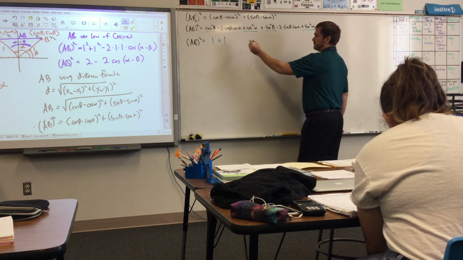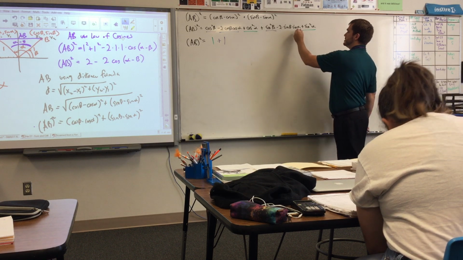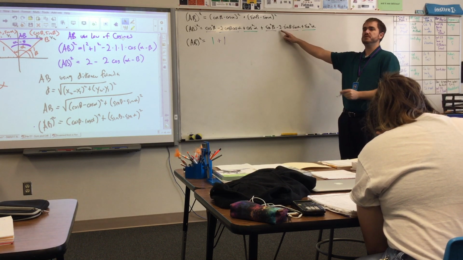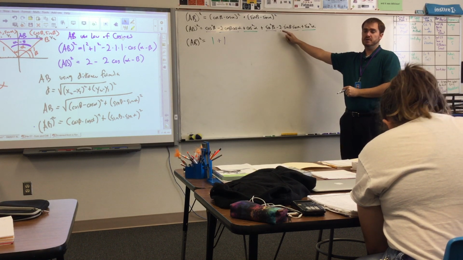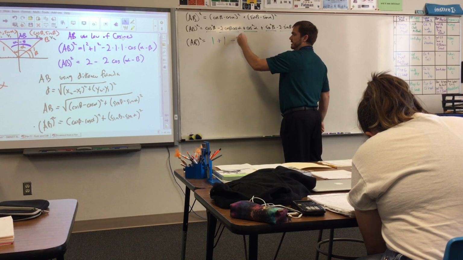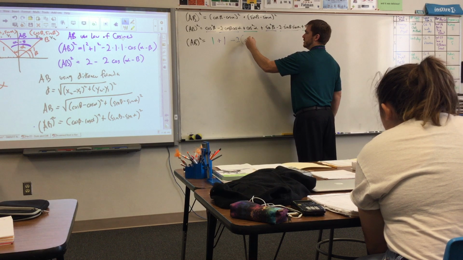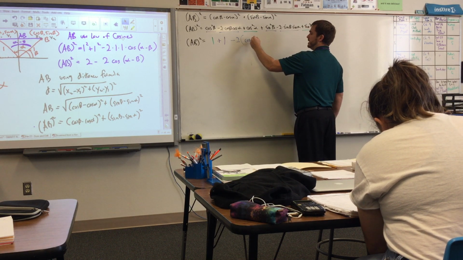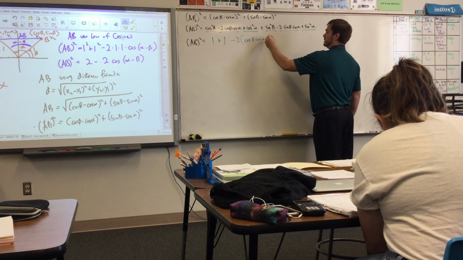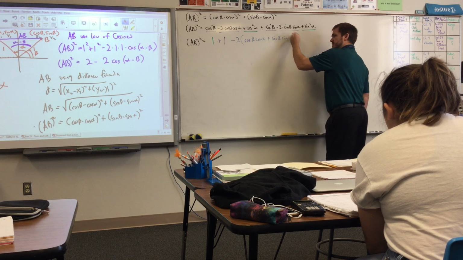The remaining two terms, minus 2 cosine beta cosine alpha, minus 2 sine beta sine alpha, both have a negative 2 coefficient. So if it's all right with all of you, I'm going to factor out a negative 2 and write cosine beta cosine alpha plus sine beta sine alpha.